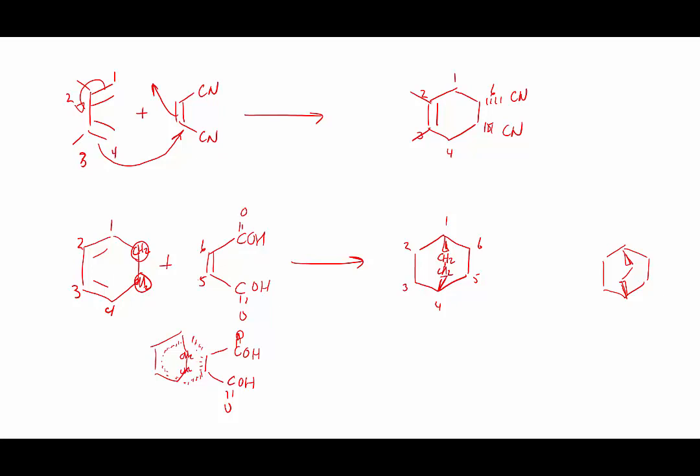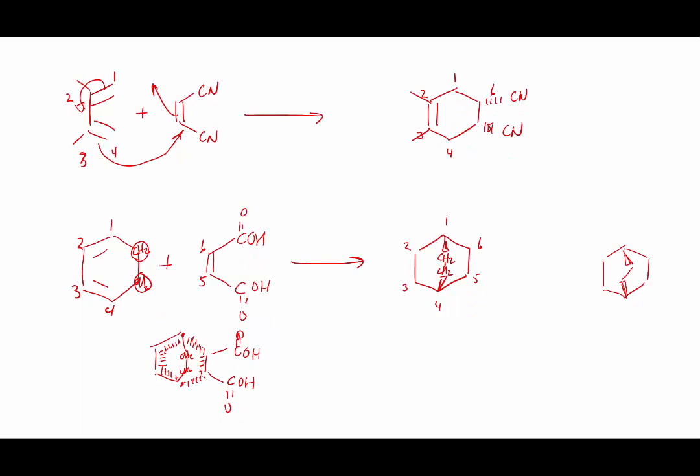No, the dashes are between these two. The dashes are here, here, here, and then between this carbon down here and this carbon over here. So there's a 6-membered ring of dash bonds.